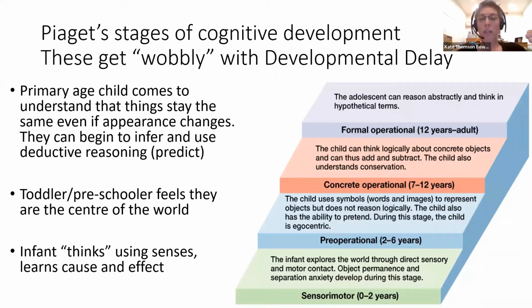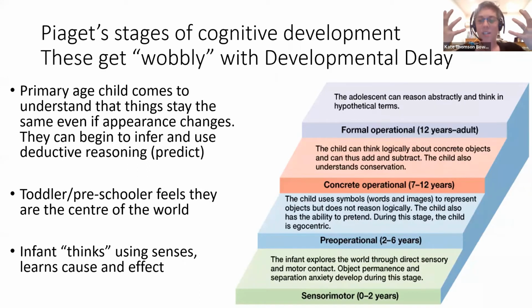But generally, thinking through the stages, the infant thinks by just sensing, by sight, by sound, by taste, by smell, by usually parental contact, and then they develop that understanding of this, then that, and that cause and effect is the basis of lots of toys that we see in an infant and toddler's age group. The toddler then feels this immense sense of ego.